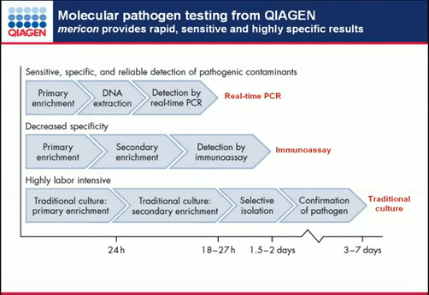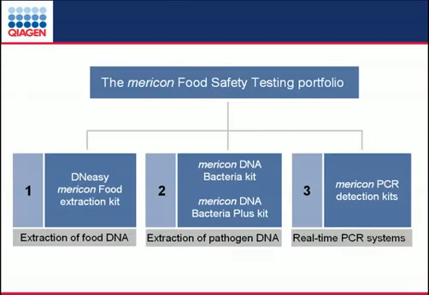You usually need to do 2 levels of enrichment, and the immunoassay takes up to a day and a half to 2 days after the enrichment to give release of the product. And traditional methods involve traditional culture, and the cultures are several steps. You get a negative answer, meaning there is nothing there, within about 2 days, and then confirmations take another 2, 3, 4 days. So it's very labor intensive and takes a very long time.